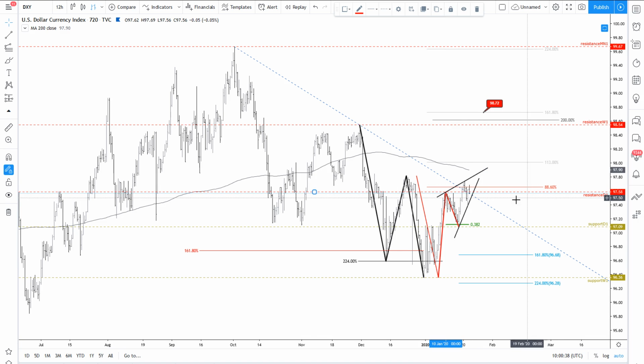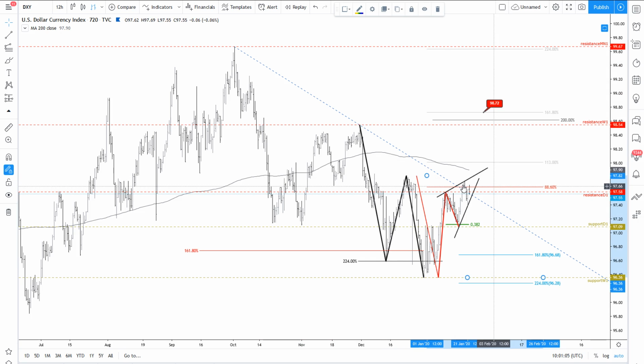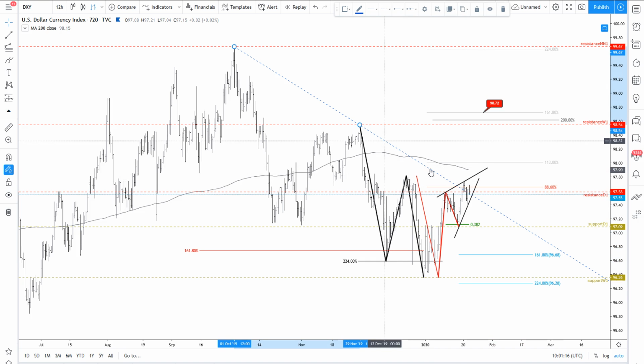When I search for advanced pattern formations, first of all, I measure those Fibonacci ratios, and based on what we see here, there's also a possibility for the market to trade higher, actually breaking that trend line and forming patterns above. First of all, we are trading the 88% Fibonacci retracement from this structure high, which is an important level at confluence with the price structure, in this case this trend line resistance.